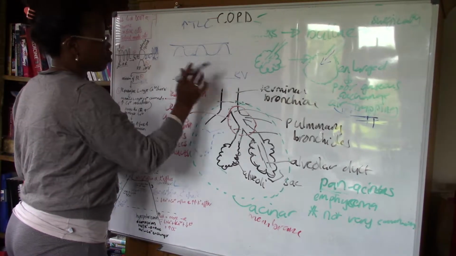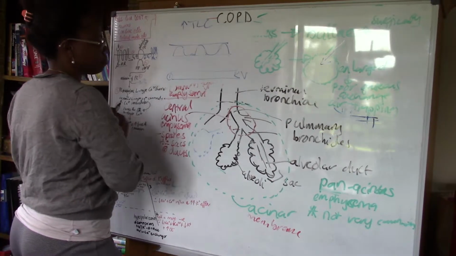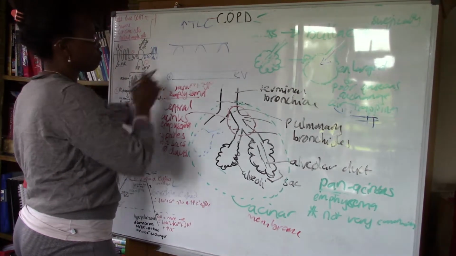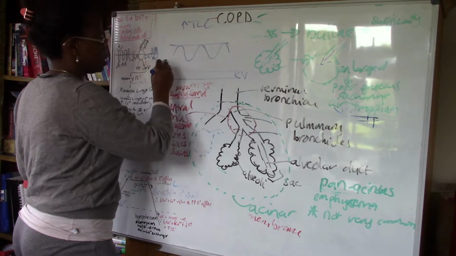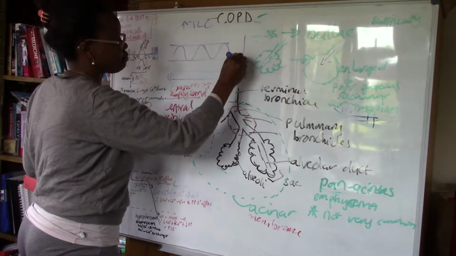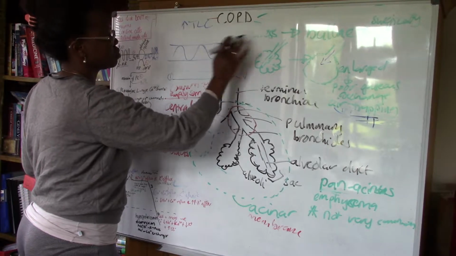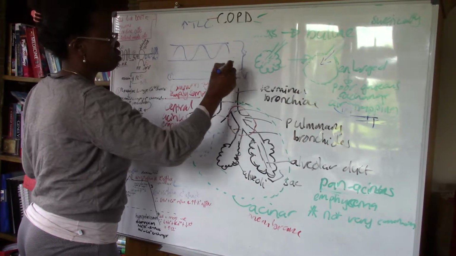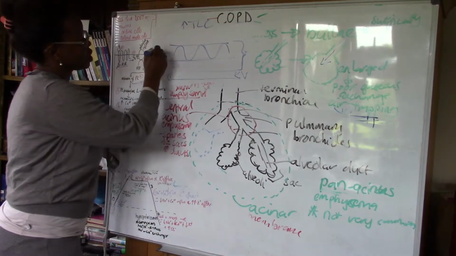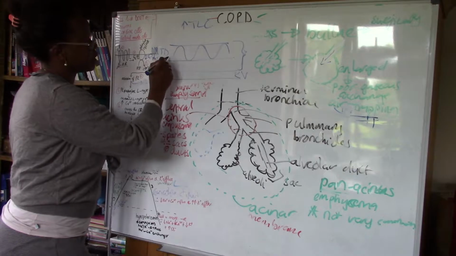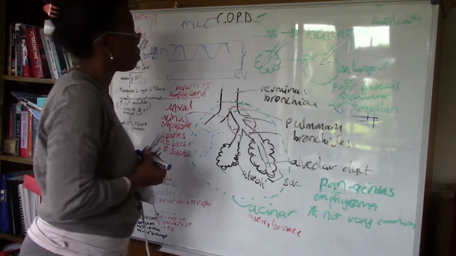The tidal volume, instead of being here, say this was the first residual volume and the first tidal volume in a normal person, and this is the forced expiratory volume, what they can expire if forced to. So this is the tidal volume of a person without pathology.